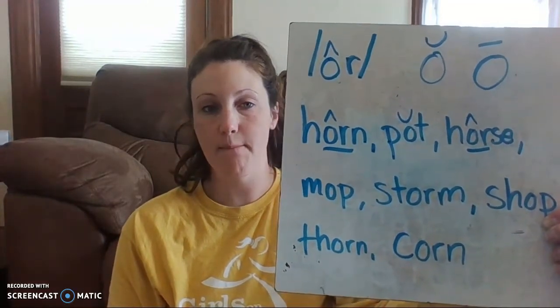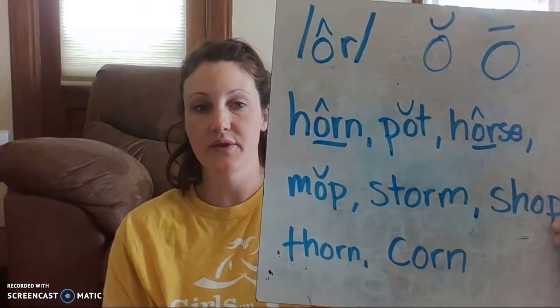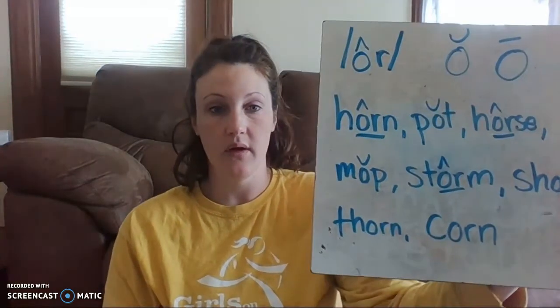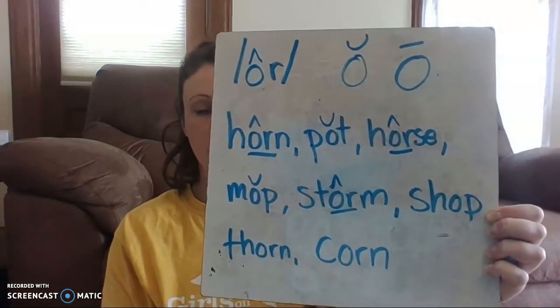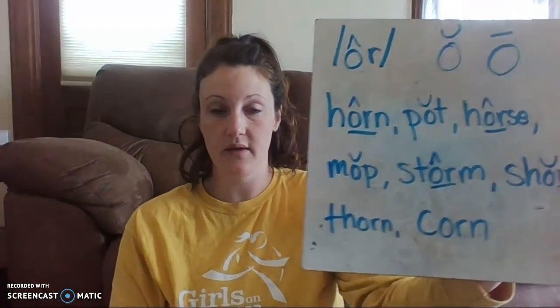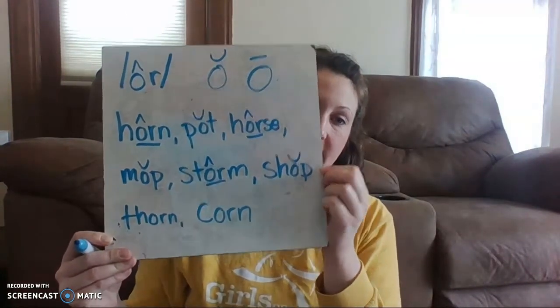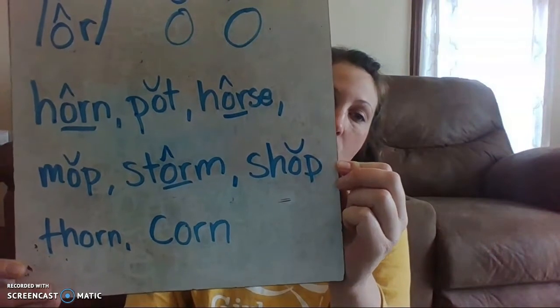The next word is mop. That's a closed syllable. So it's going to be a short vowel sound. The next word is storm. That's R controlled. The next word is shop. That's a closed syllable because it's followed by a consonant, but not an R. The next one is thorn.